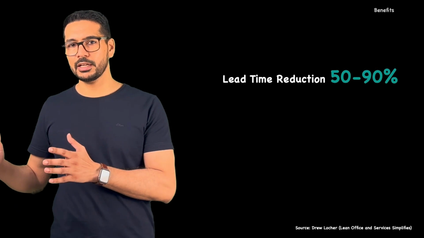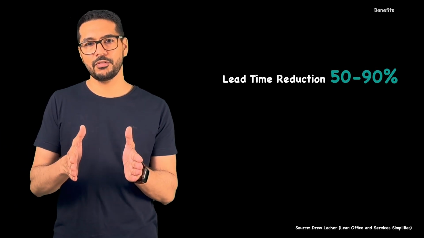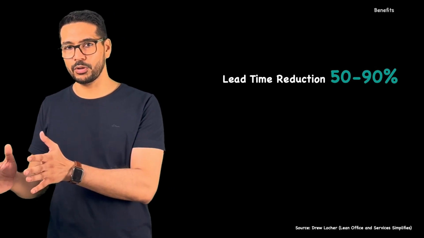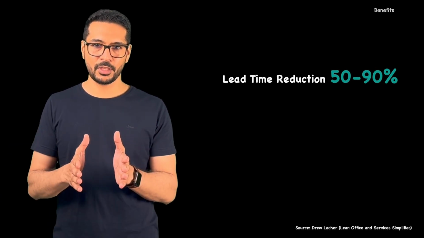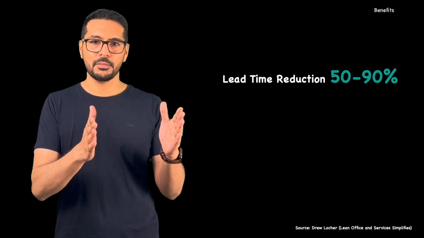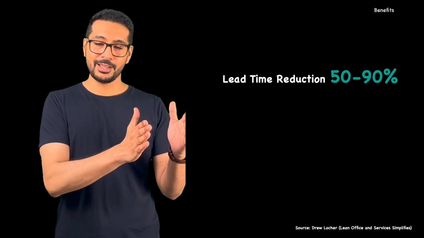With all these activities, the waiting time between one task and another, or one role and another, is reduced drastically, which makes the total lead time reduce by 50% or maybe 90%.